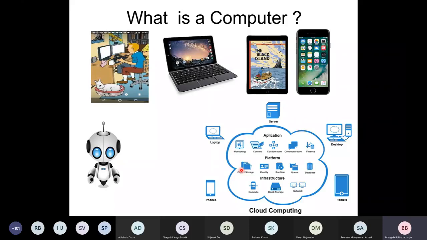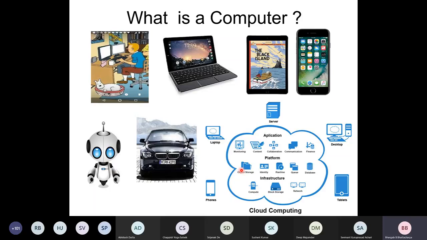You see it everywhere: in your laptops, in your tablets, in robotics, in automobiles, in aerospace, in the Internet of Things, in banking. There is no escape from using computers nowadays.